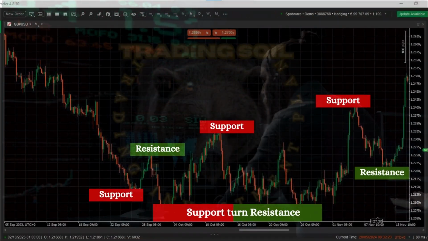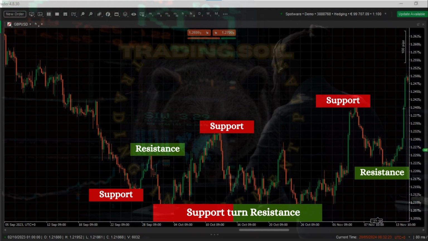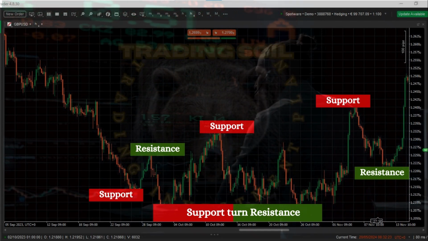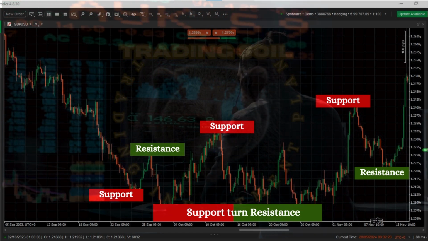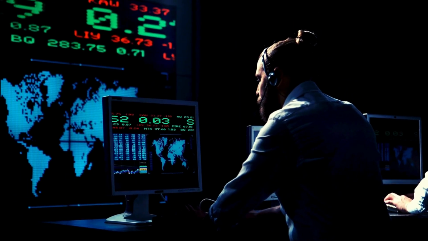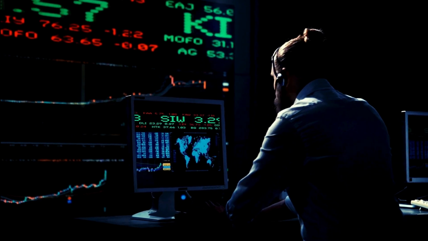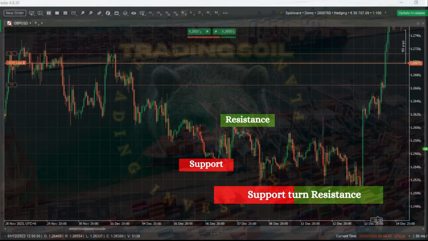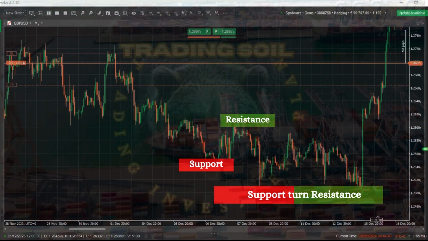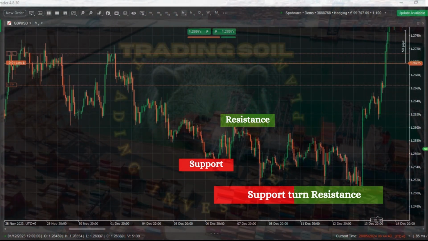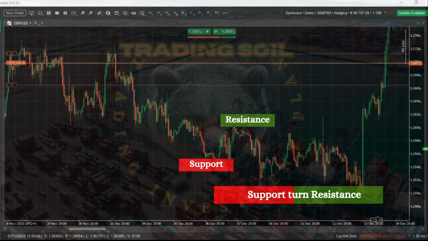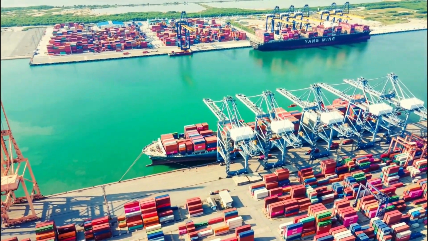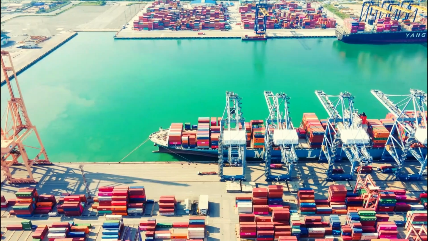When we talk of support turn resistance, it signifies change of interest in the financial market. When the market is on downtrend and we see support turn resistance, it means that the institutional traders are shifting their interest from the quote currency to the base currency.